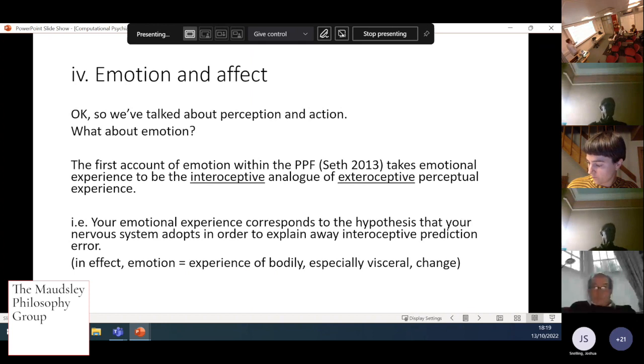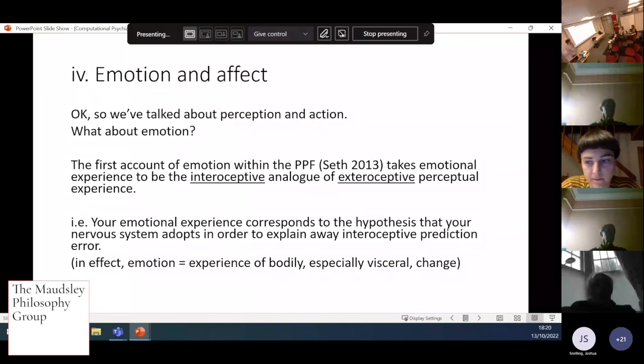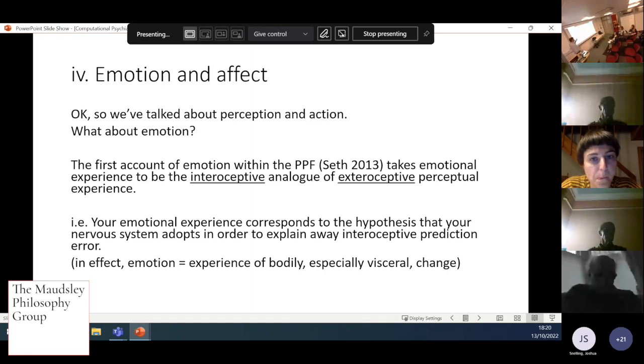Okay. Emotion and affect. So now we've talked about perception and action. What about emotion? Now this is interesting because unlike with action, where basically there's broad agreement as to how this works, there are various successive waves of thinking about emotion within the predictive processing framework. So you've got Anil Seth in 2013, who takes emotional experience to be the interoceptive analog of exteroceptive perceptual experience.